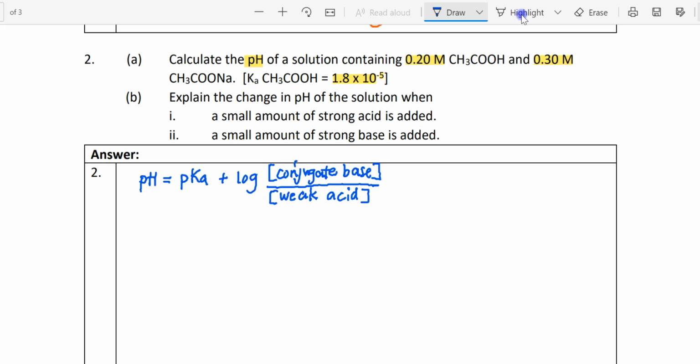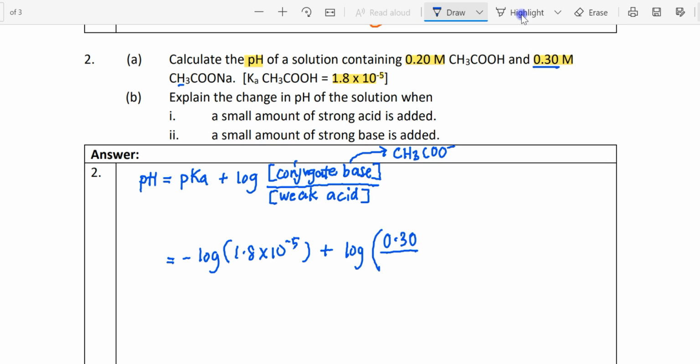Second step, substitute all the values. pKa is the negative log of Ka. The conjugate base here is the CH3COO minus ion that is produced mainly by the dissociation of the salt. So the concentration of the conjugate base is 0.3, whereas the concentration of the weak acid is 0.2. So the answer here, you should get 4.92.